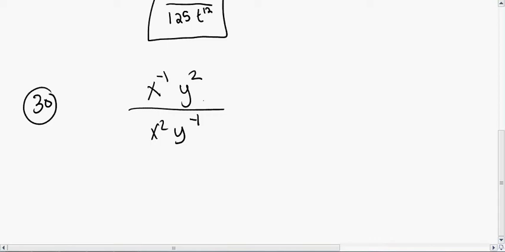I think I'm going to use quotient rules, and then if I have any negative exponents left, I'll use the negative exponent rule. I'll just be careful that I put the like bases together.